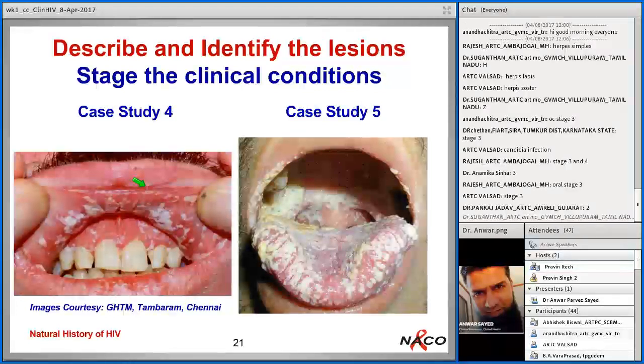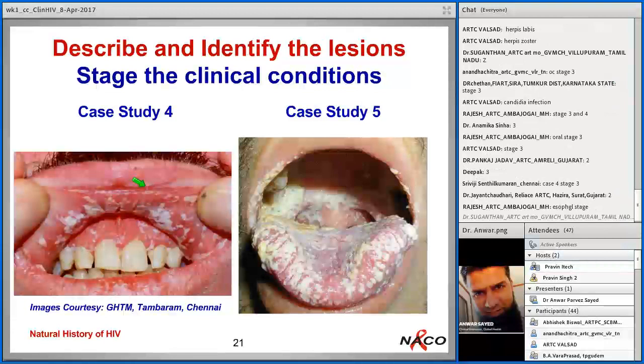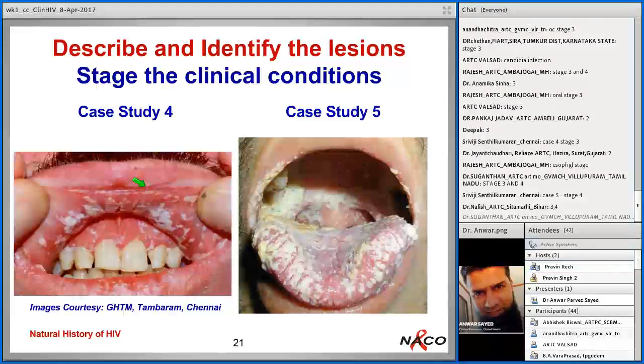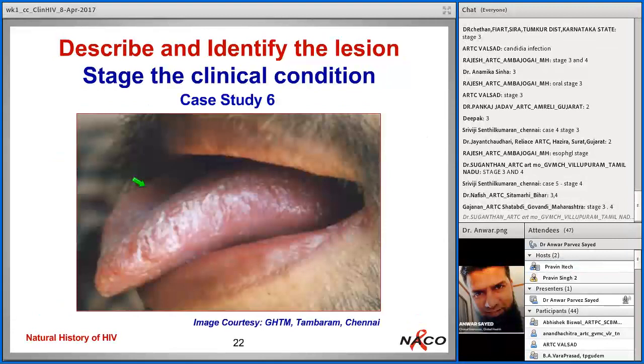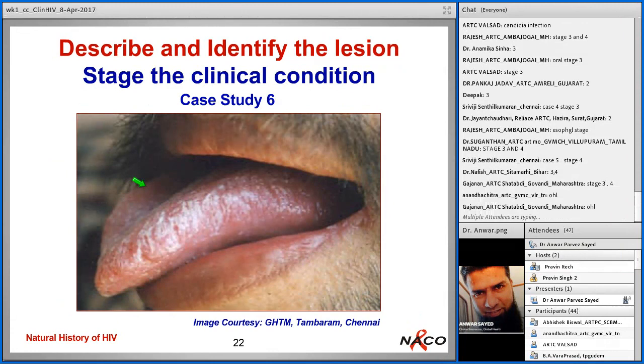It is again a candidiasis. On the left side you can see the candidiasis involving the oral mucosa. On the right side it is involving the dorsum of the tongue, and also the soft palate and maybe the pharynx. So left side can be WHO clinical stage... I think some people are typing.